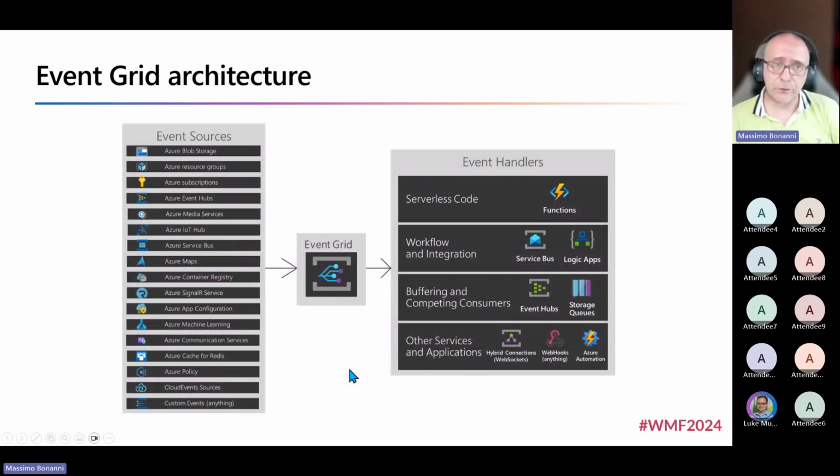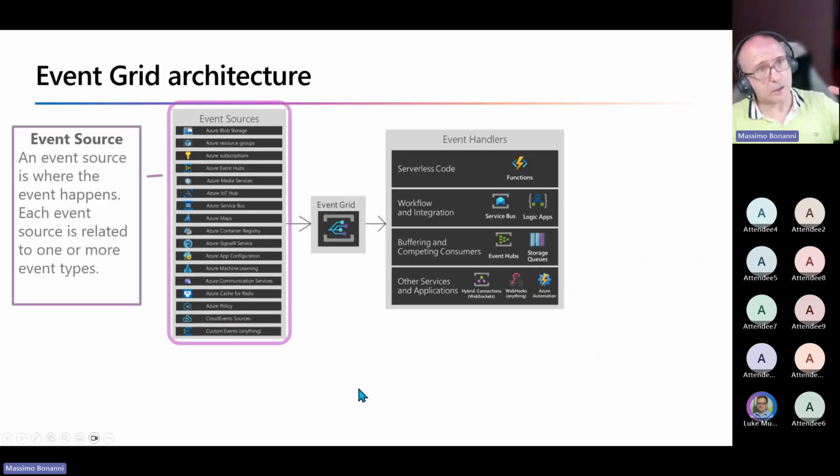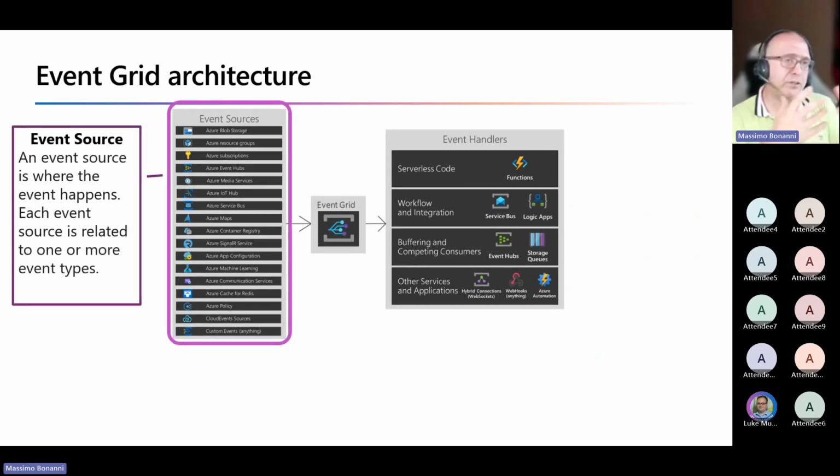This is the architecture. You have a set of sources. The event source is the resource, or even an external cloud. As you can see here, you can have an external cloud or your custom events.